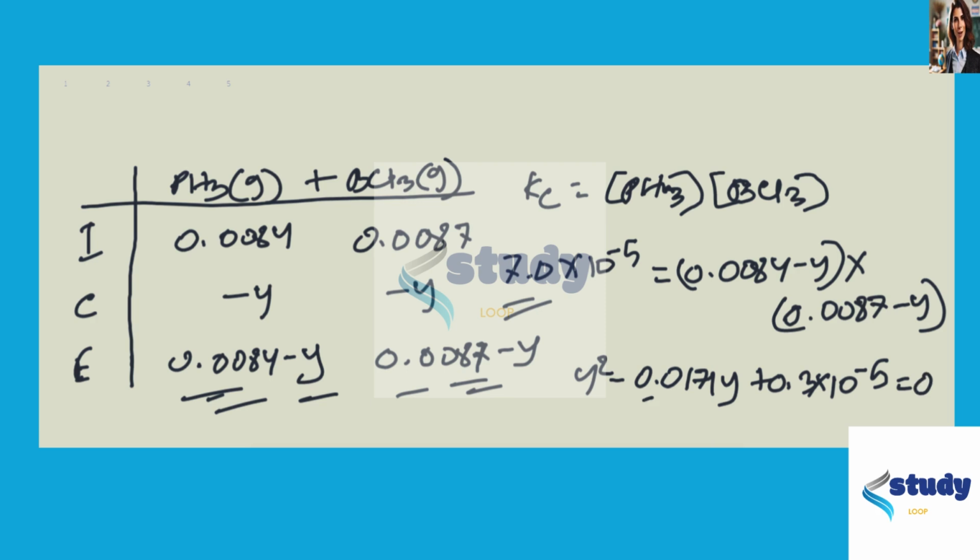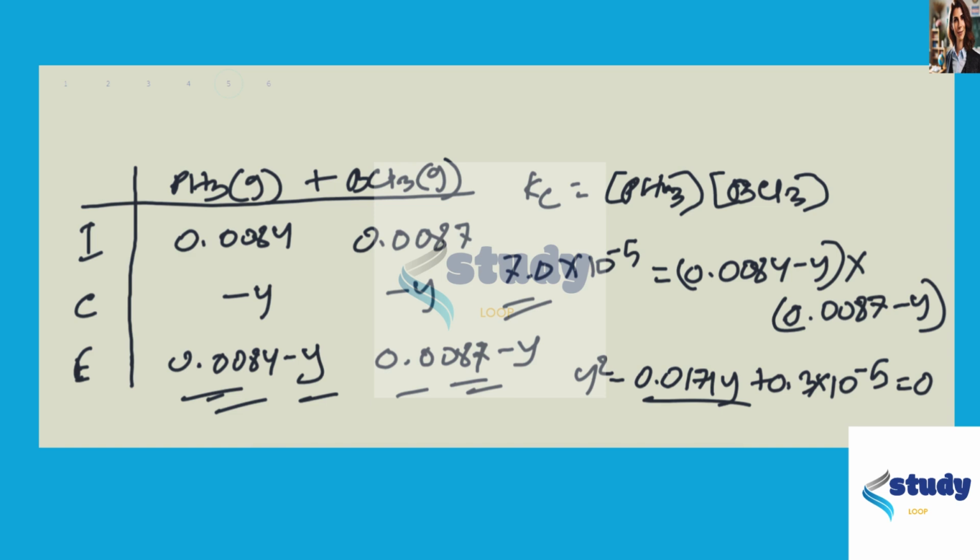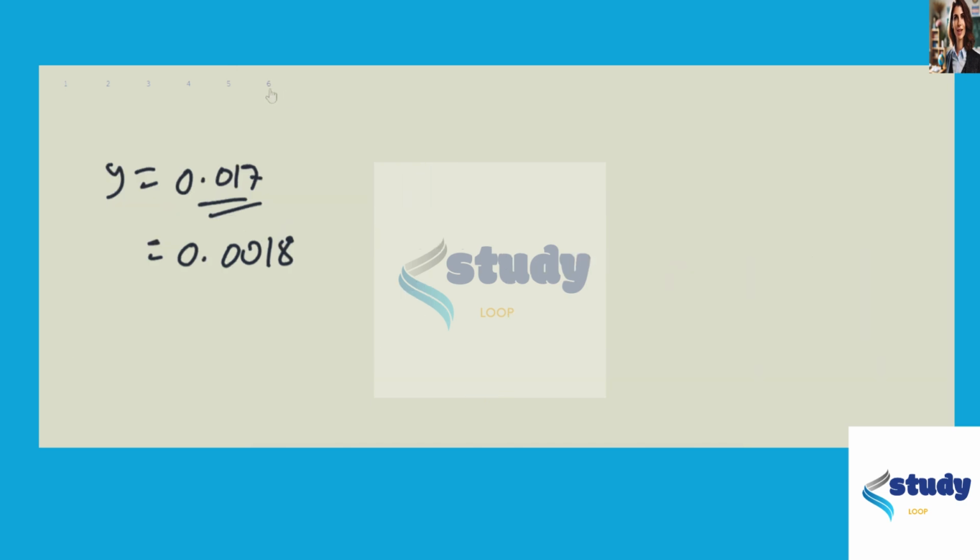Solving this quadratic equation, we will have two values for y, 0.017 and 0.0018. Since 0.017 is greater than our initial concentrations here, this value is not acceptable and the value of y is 0.0018.